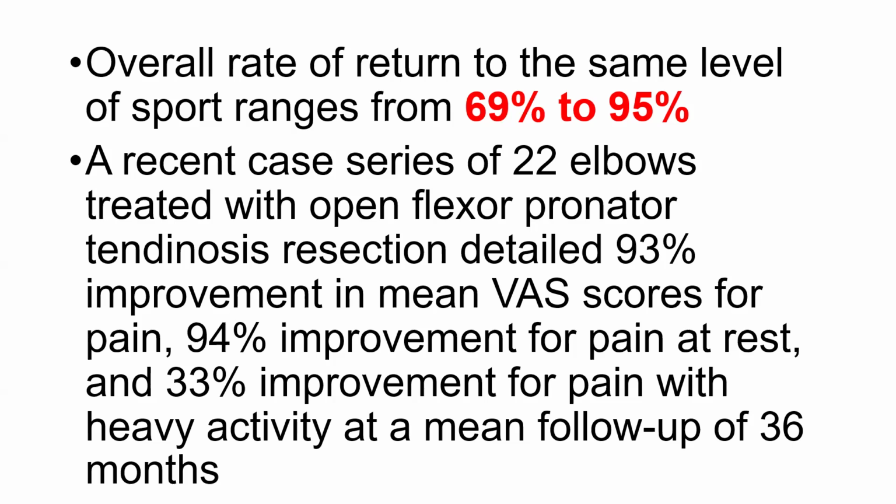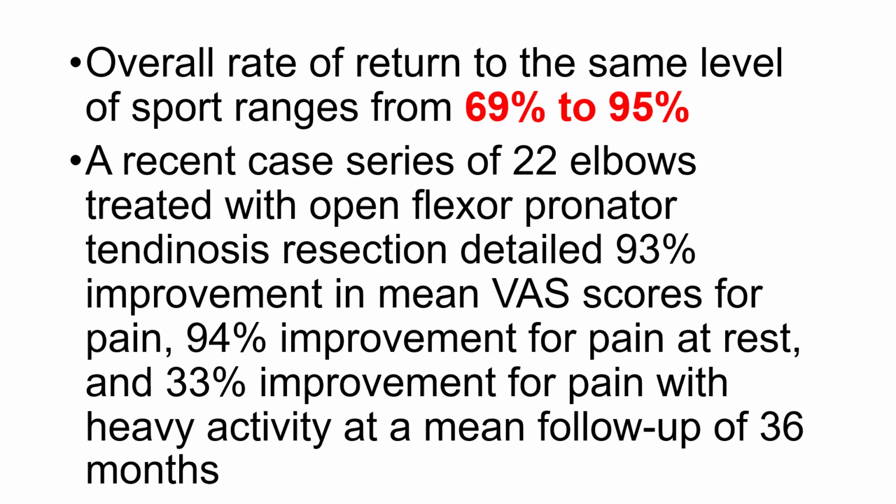A recent case series of 22 elbows treated with open flexor pronator tendinosis resection detailed 93% improvement in mean VAS scores for pain, 94% for pain at rest, and 33% improvement for pain with heavy activity at a mean follow-up of 36 months.